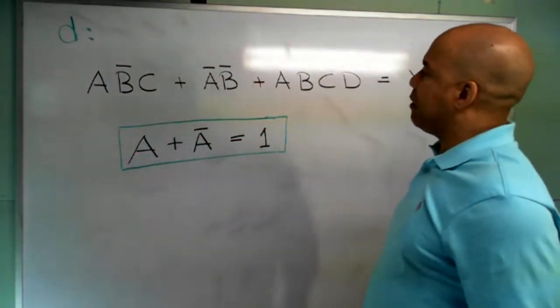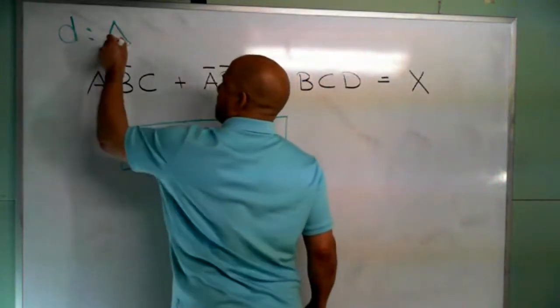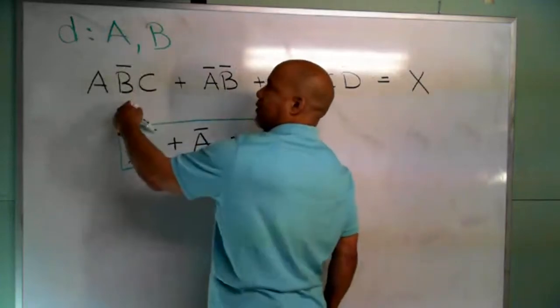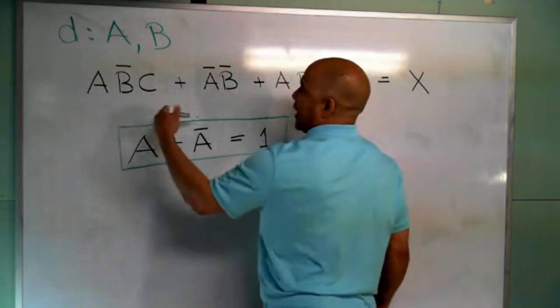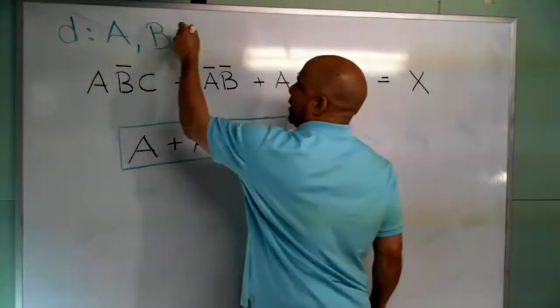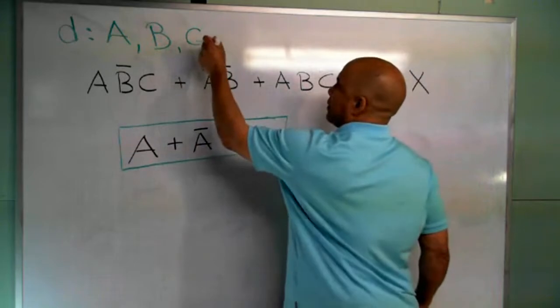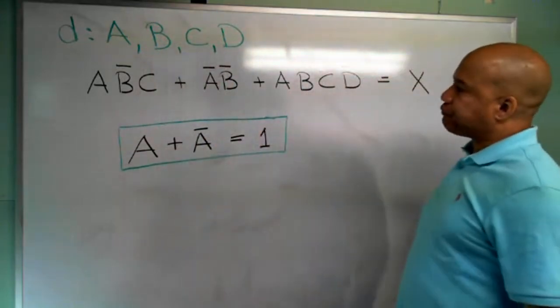The domain: I've got an A, I've got a B. Even though the B is knotted, I show the variable, not the complement. So I've got an A, a B, a C, and this one has a D in it. So there's my domain for this expression.